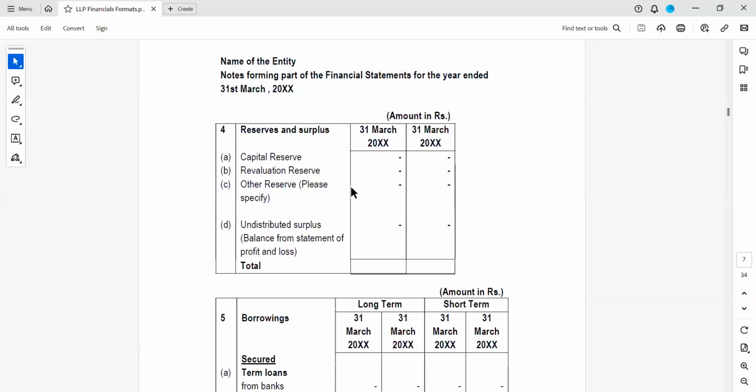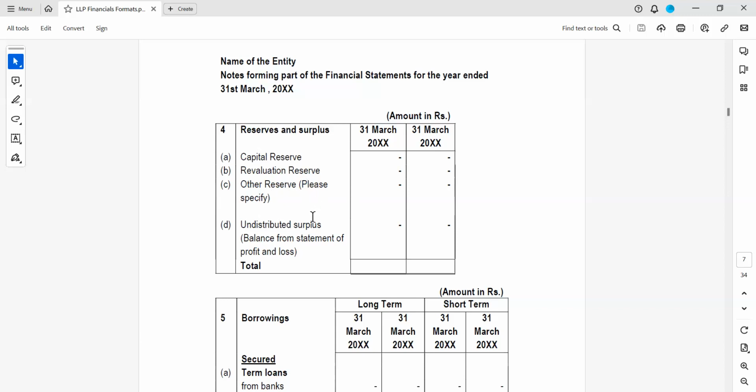Whether it is coming because of conversion of a private limited to LLP, or is there any sale of assets that has resulted in capital reserve, something like that. You have goodwill, or if they have purchased any entity and it has resulted in capital reserve. Then you will understand more clearly what the actual transaction was.